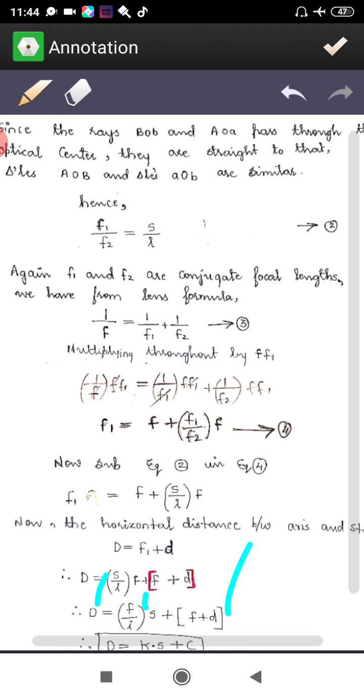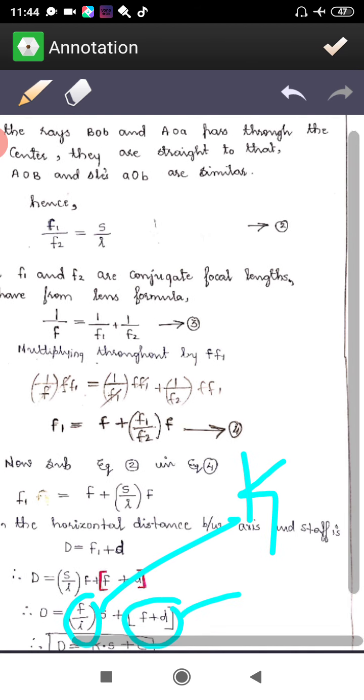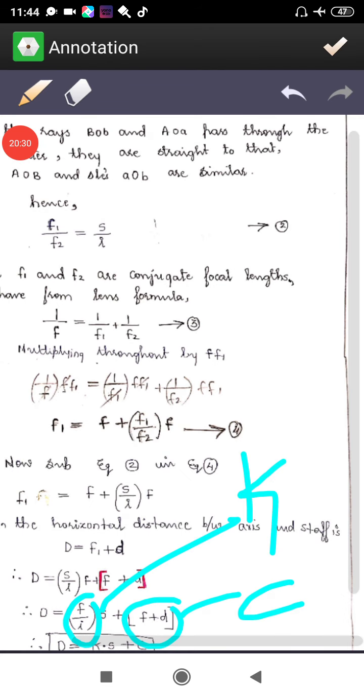Here this F by I I can take as a constant K, and this F plus d I can take as a constant C. I'm going to call K, F by I, the multiplying constant, and C, F plus d, the additive constant.